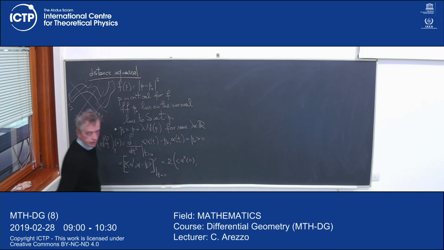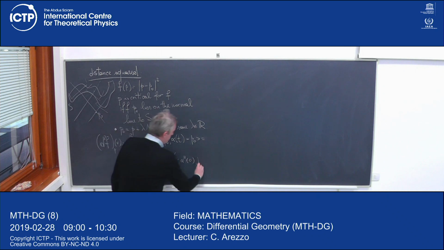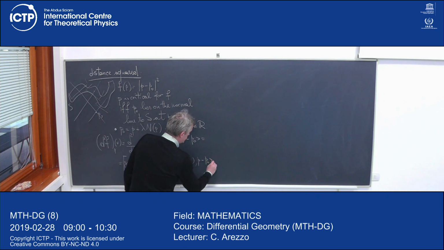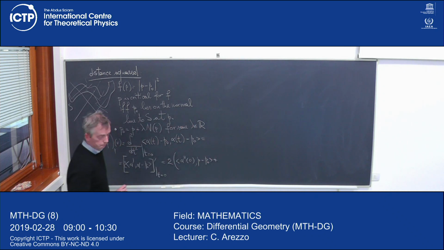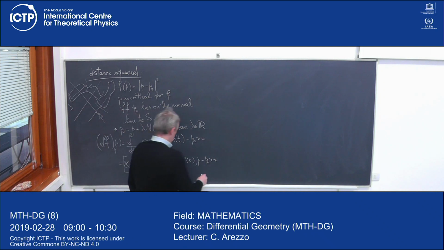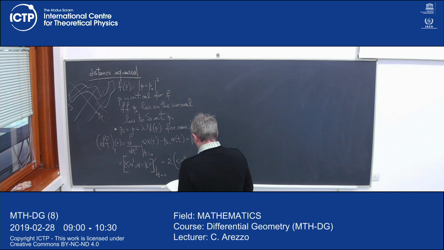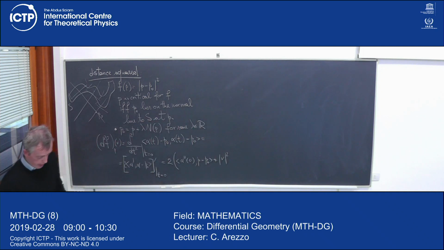Now I can start putting 0 into the game. Times alpha of 0, alpha of 0 is P. So scalar P minus P naught, plus alpha prime at 0, but it's V, okay, plus the norm of V squared, okay.